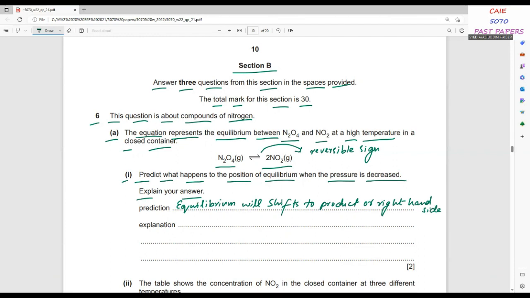Now, what will be the explanation? You can refer to the number of moles or volume of gases on any side.